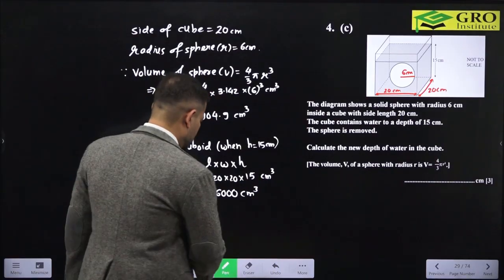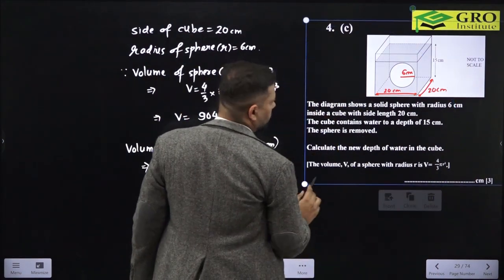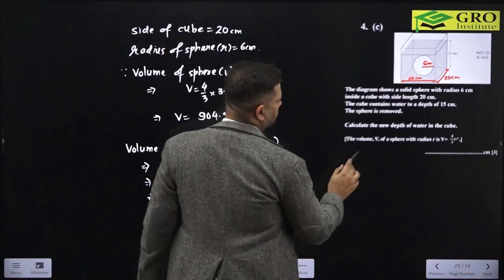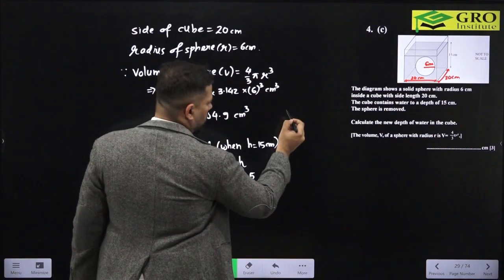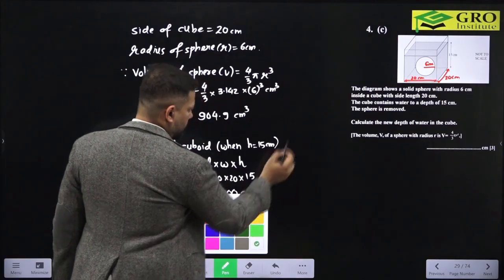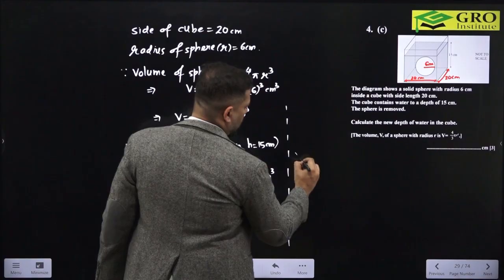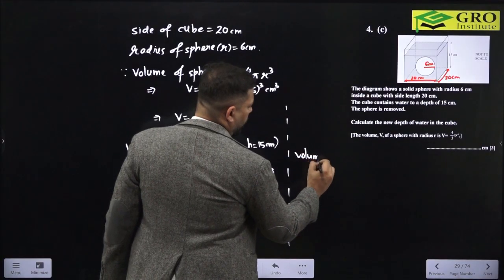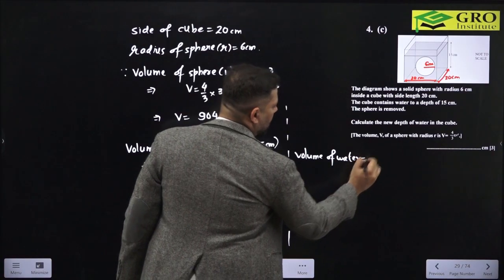Let us do that. Let us make more space for our working. Yeah, much better. Now, okay, guys, so let us write it. Volume of water will be how much?